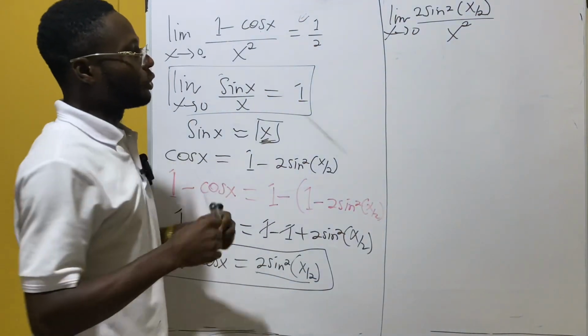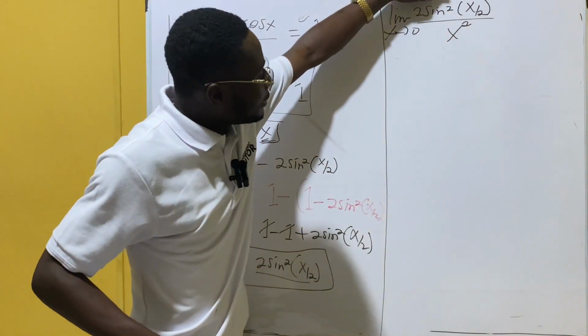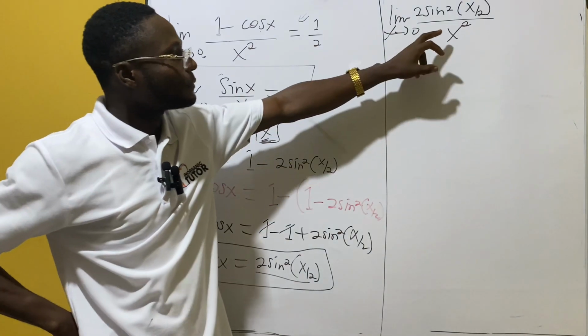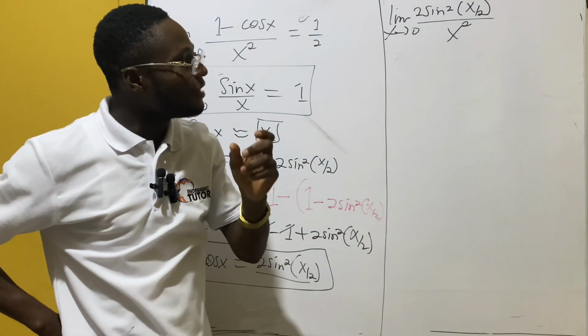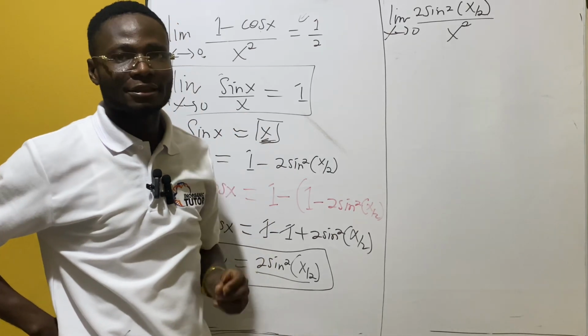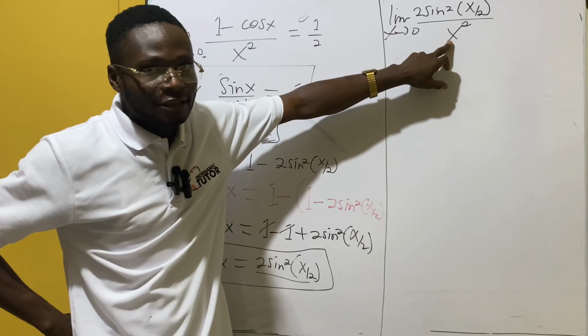We have to express the denominator so it behaves as a standard limit, so we change this denominator.